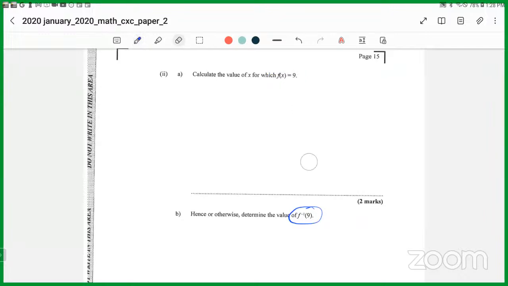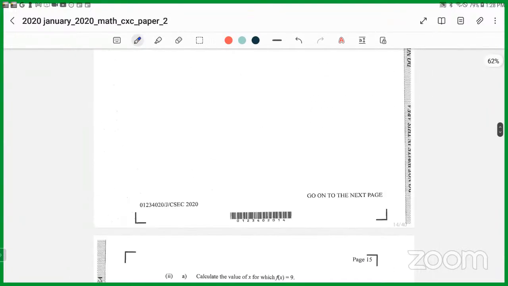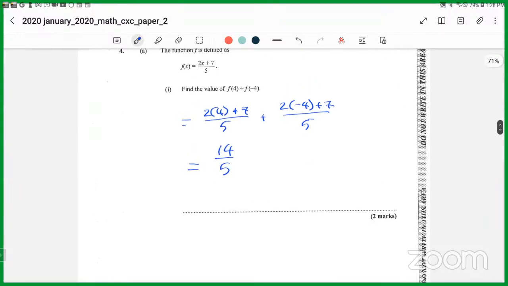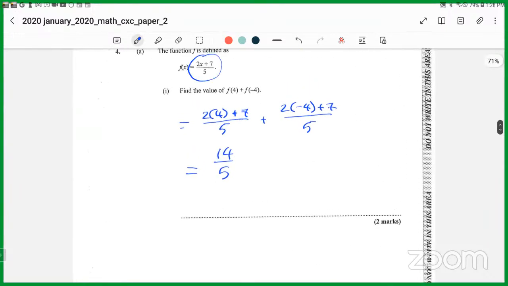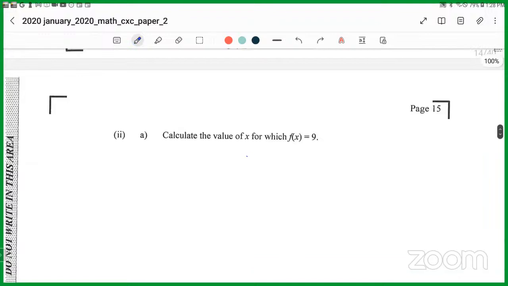So let's do it. Calculate the value of x for which f of x equals 9. I'm going to use the f of x and put it equal to 9 this time. The same f of x is 2x plus 7 over 5. So we're solving 2x plus 7 over 5 equals 9.